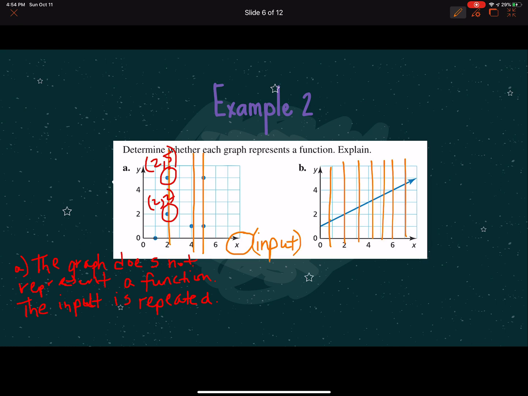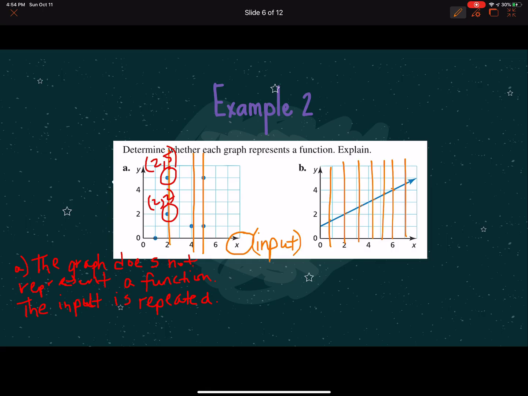So each one of these is just hitting my vertical line at one spot. So that tells me my x value, or my input, is not being repeated. So if I'm able to draw a vertical line without anything crossing it at more than one spot, then I know this graph represents a function.